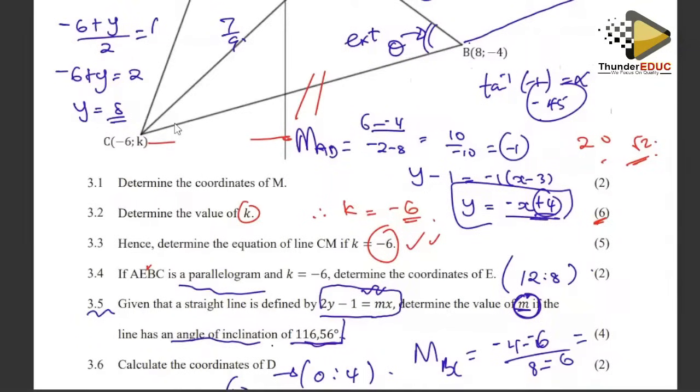Okay, so when we add this up, we're going to have +2 over 14, which gives us just 1/7.